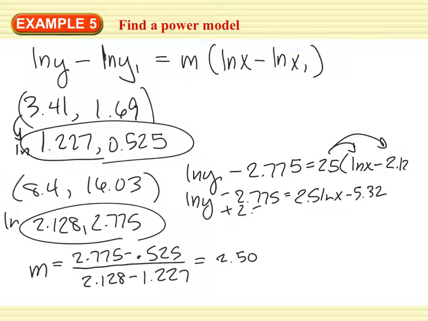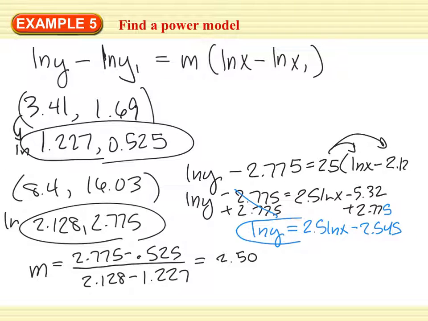Now I add this to both sides. So log y equals 2.5 log x negative 5.32 plus 2.775. Okay, I need a new slide, so I'm going to move this to another slide. I'll be right back.